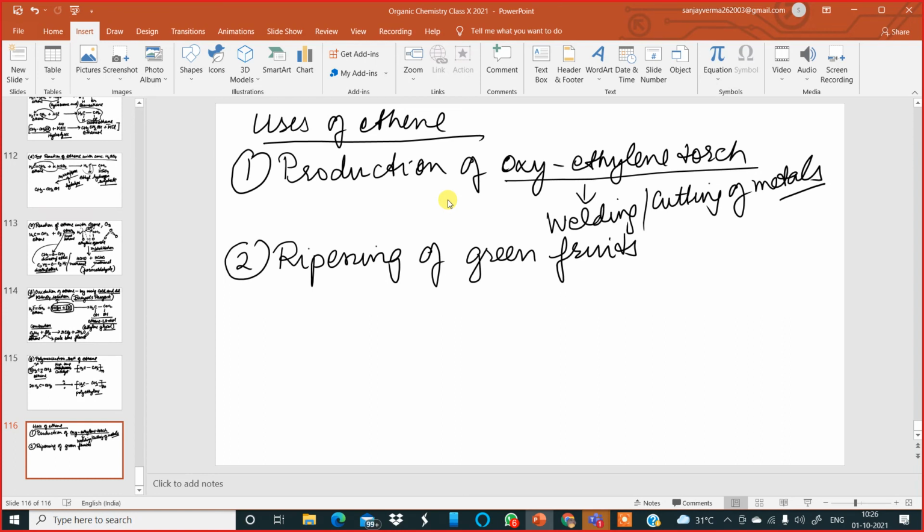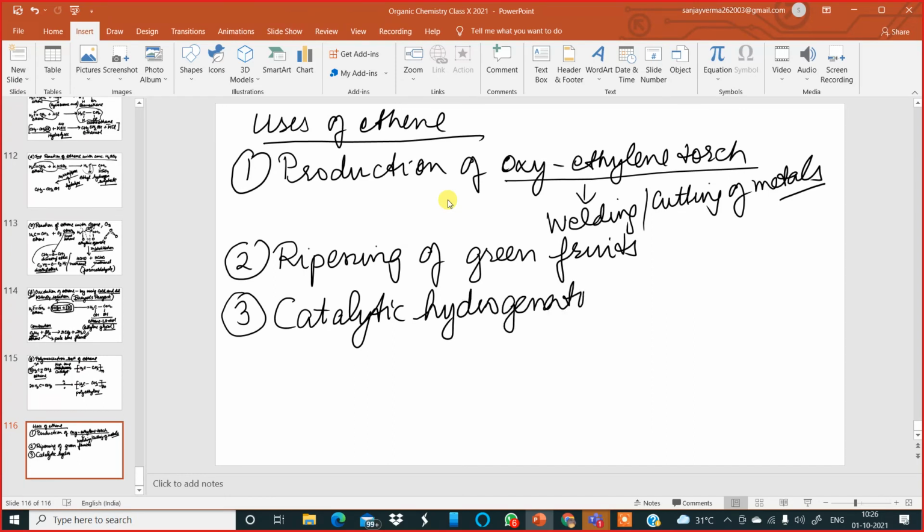Then the next use, which you have seen in the chemical properties, is catalytic hydrogenation. This catalytic hydrogenation is used for hardening of oils.